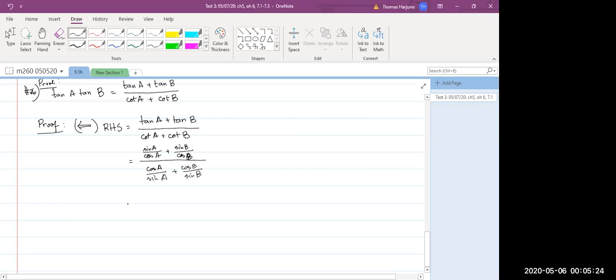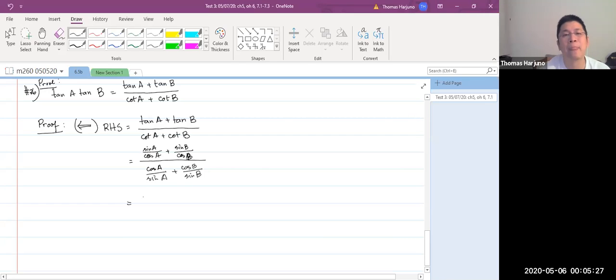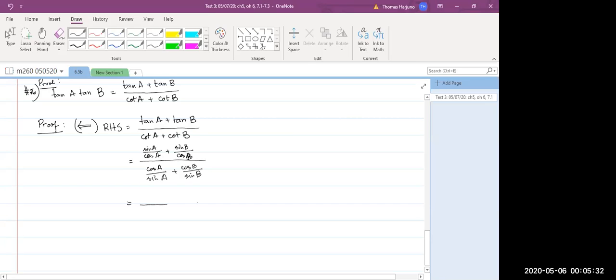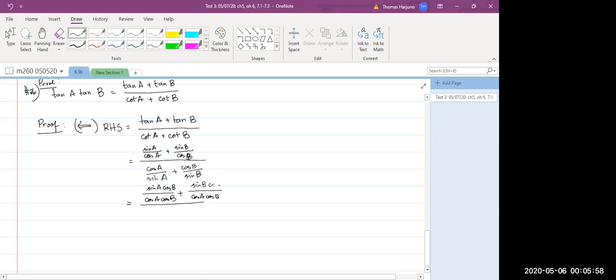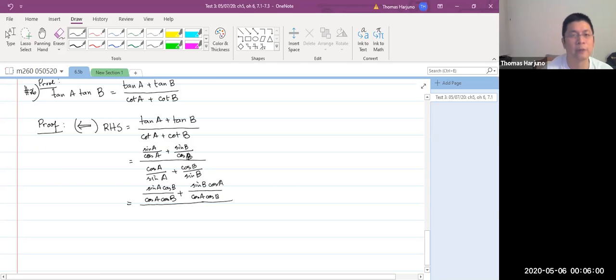Common denominator. For the numerator, the LCD is cosine A cosine B. This will be sine A cosine B, and then sine B cosine A. That's for the numerator.